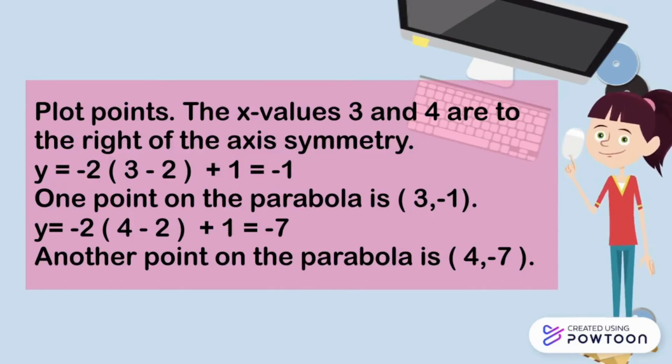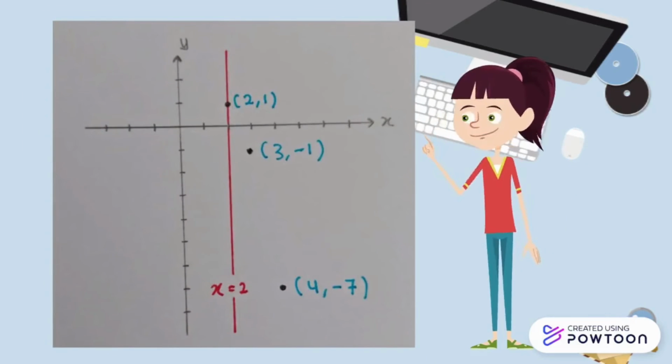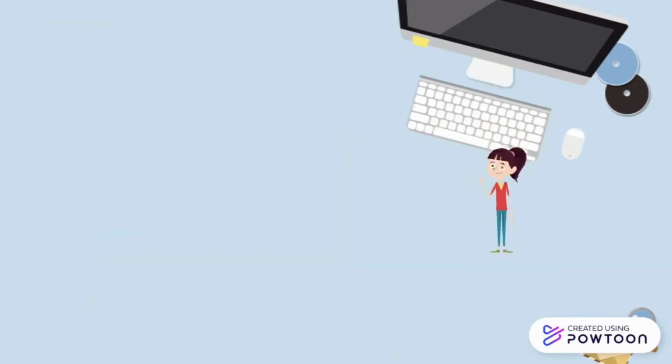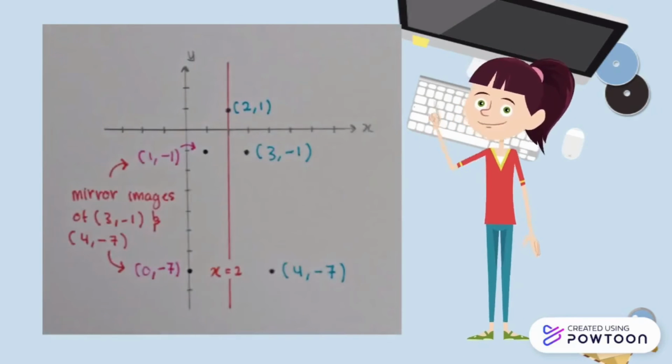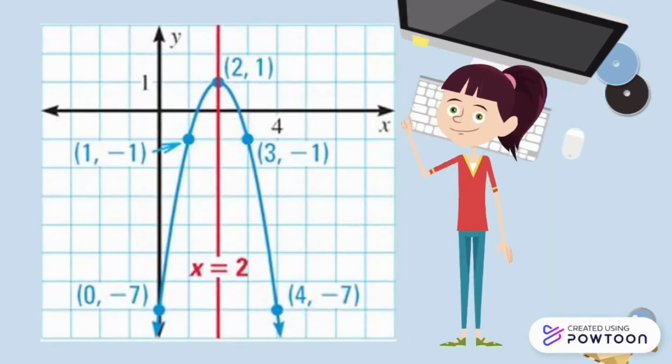One point on the parabola is (3, −1). Another point on the parabola is (4, −7). Plot the points (3, −1) and (4, −7). Then plot their mirror images across the axis of symmetry. Lastly, draw a parabola through the points.